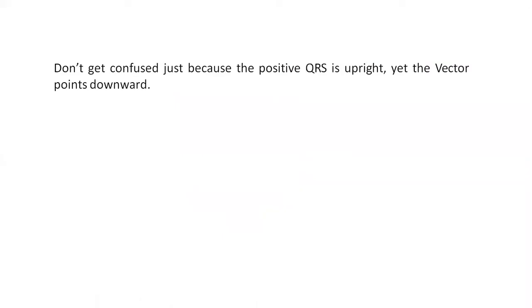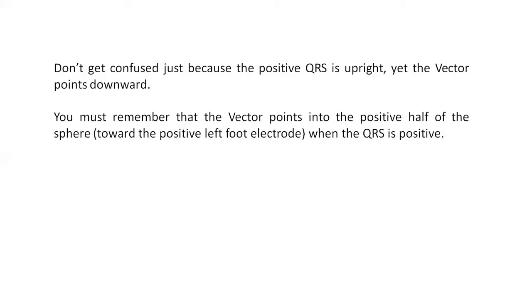Please don't get confused: just because the positive QRS is upright, yet the vector points downwards. This is a common mistake. Even if it is positive and upright, the vector can go downwards. You must remember that the vector points into the positive half of the sphere, that is, towards the positive left foot electrode when the QRS is positive.